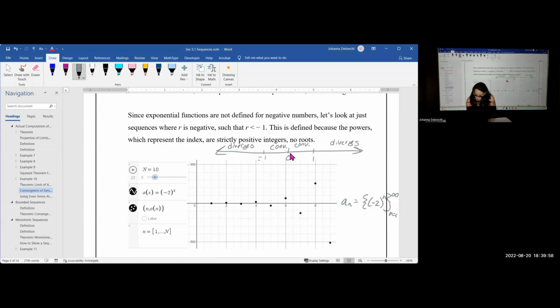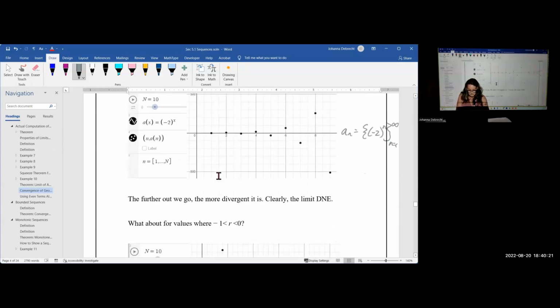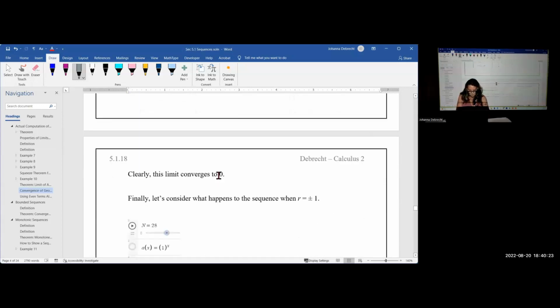So now we want to know what happens at -1, at 0, and at 1. Well, we can discount 0 right away, because if we let r be 0, then 0 to any finite power is 0. So it just graphs as the horizontal line at 0, which is not terribly interesting. It does converge to 0, but it's not terribly interesting. Let's take a look then at -1 and 1.